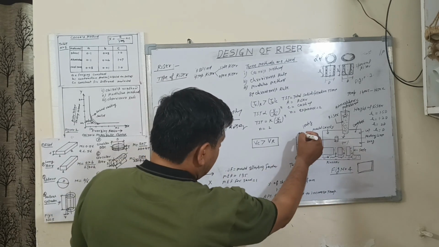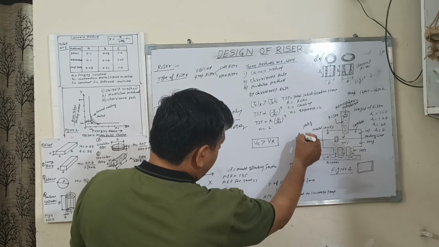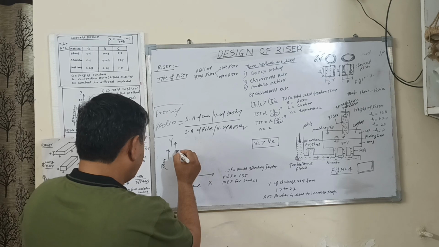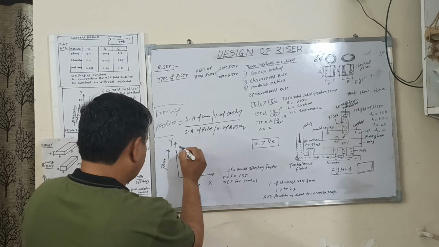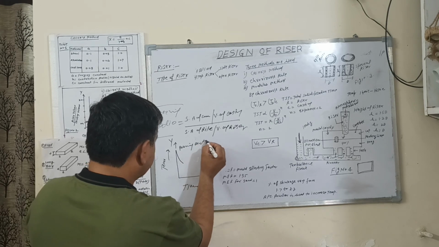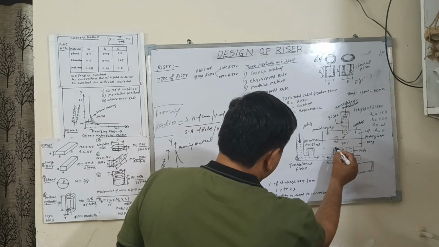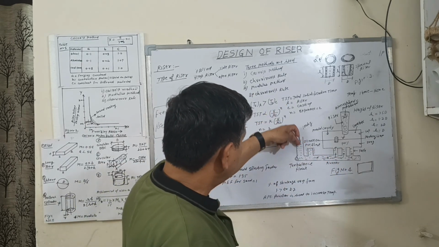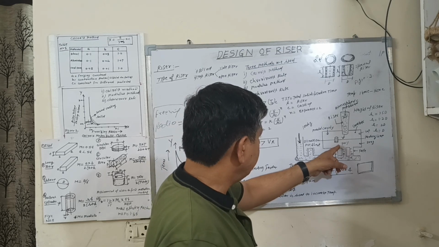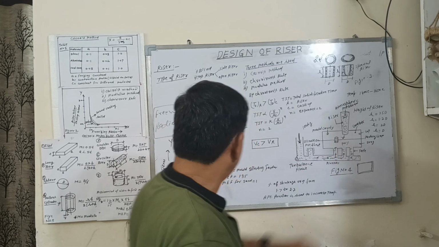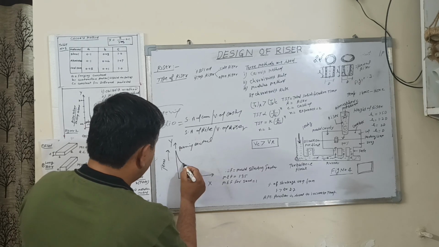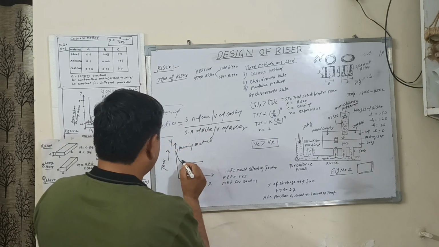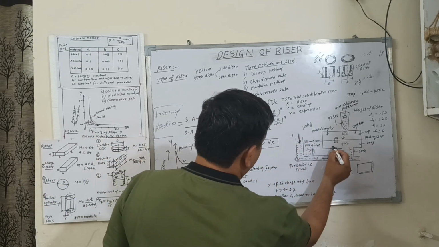When the molten metal is poured into the sprue, the metal rises in the mold cavity through the gate. This is point 1, this is point 2. Point 1 is here, point 2 is here.